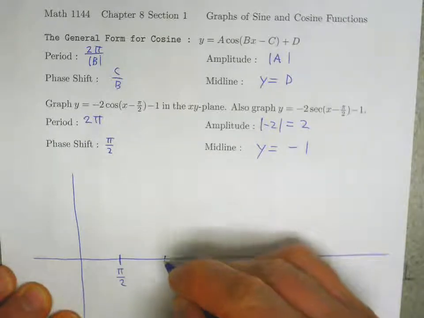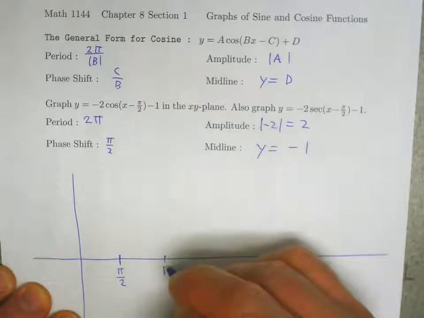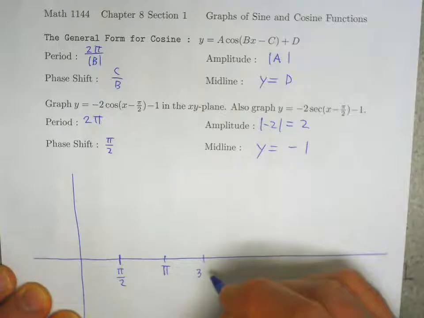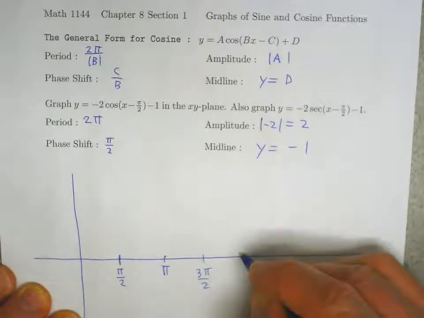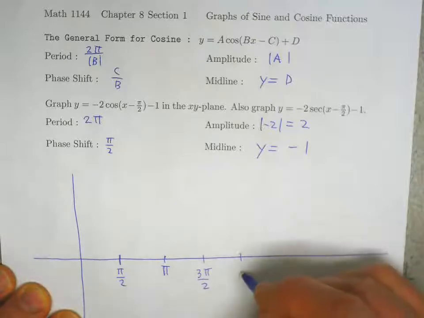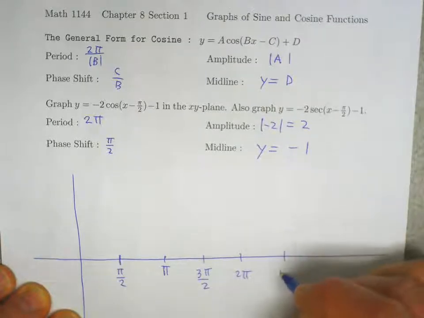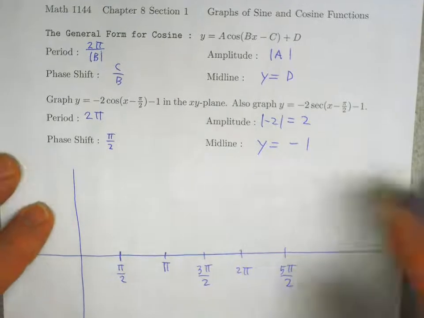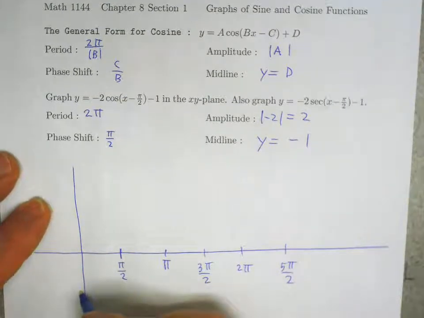So each subinterval will have length pi over 2. So we're starting at pi over 2, and we're going to end at 5 pi over 2. The midline is negative 1.